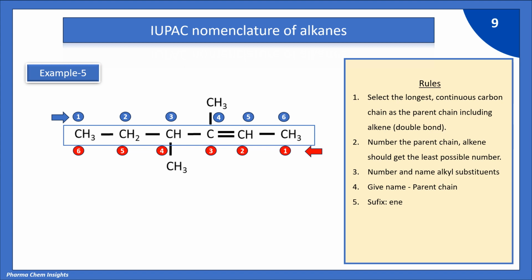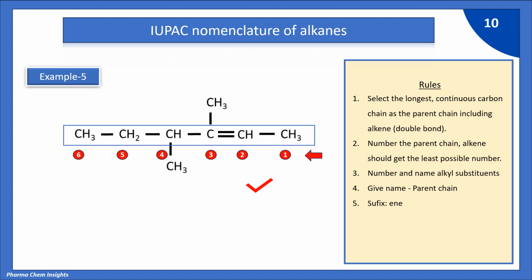Now we are getting the least number to the alkene as second when we number from the red end, and hence the numbering written in red is correct. So now we have 2 methyl substituents, which are at positions 3 and 4. So the name for this compound would be 3,4-dimethylhex-2-ene.